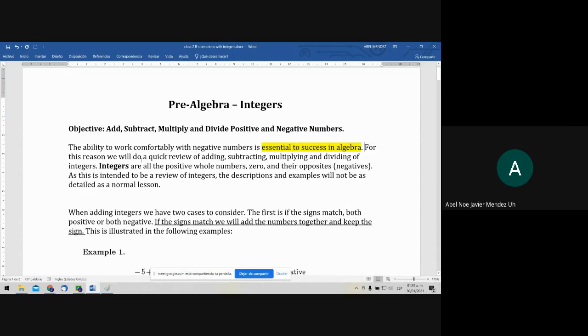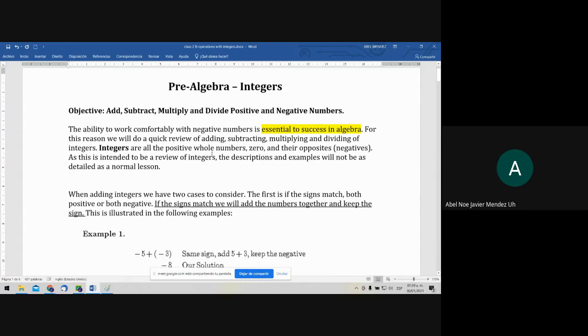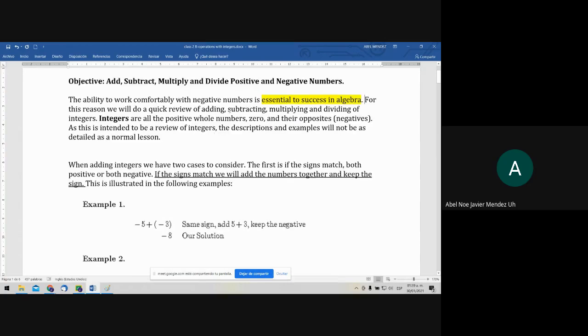For this reason, we will do a quick review of adding, subtracting. Don't forget subtracting. Okay, adding. Don't forget the ability to work.